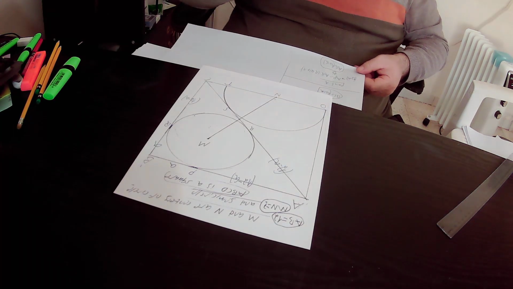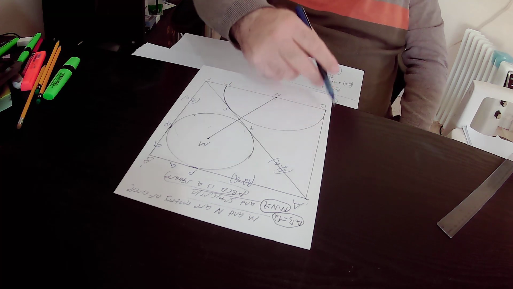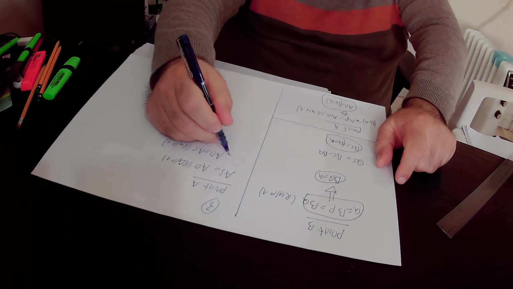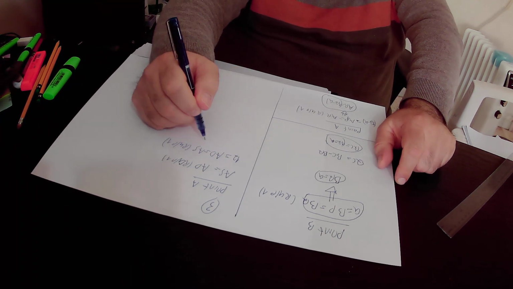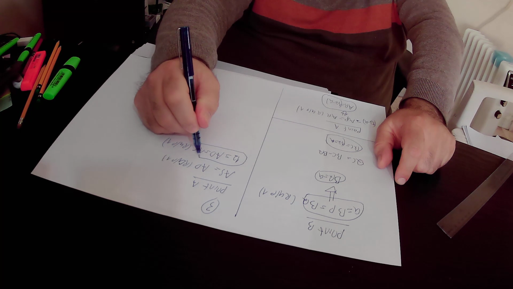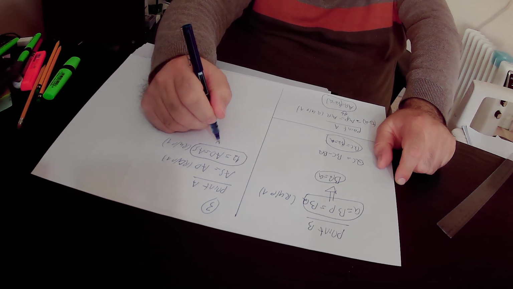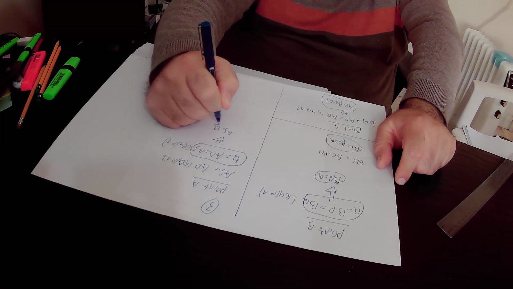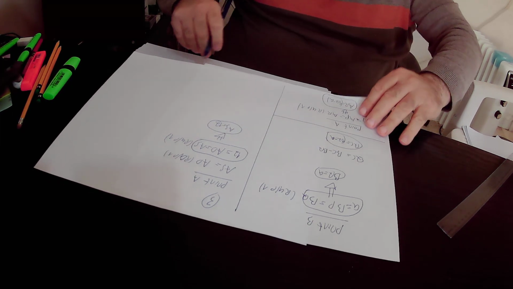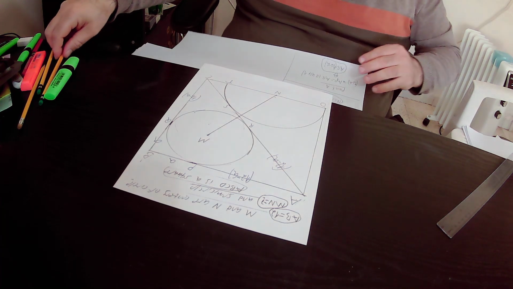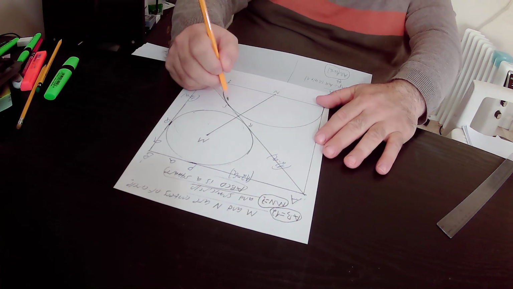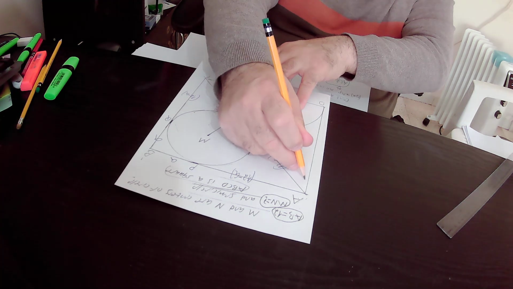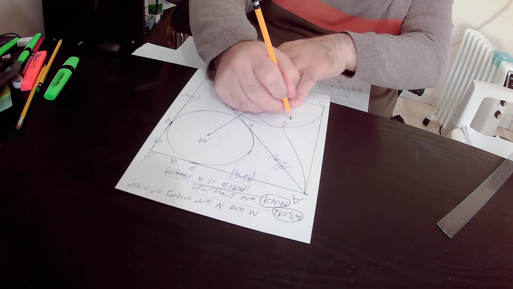But according to what is given in the question, AD equals 12 units. And from this equation, 12 equals AD equals AS, we will derive that AS is also equal to 12 units. Okay, so here we can write down that AS is equal to 12 units.